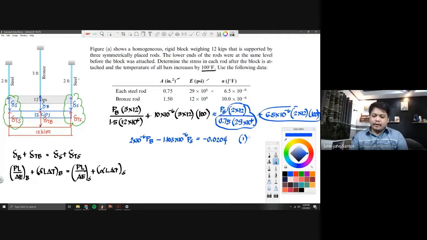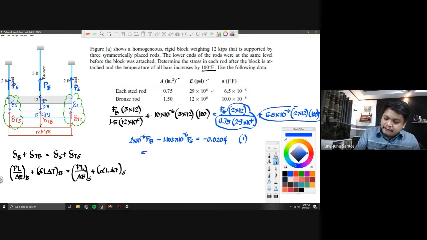Now, what you can do is that pagdating dito, ang pwede natin gawin is by summation of forces vertical. Okay? So meron akong 12 kips. So yung 12 kips na to, pagtutulong-tulungan siya ng tatlong material. Again, meron ka ditong P sub S, meron ka ditong P sub B, and then meron ka ditong P sub S. And then meron kang 12 kips.